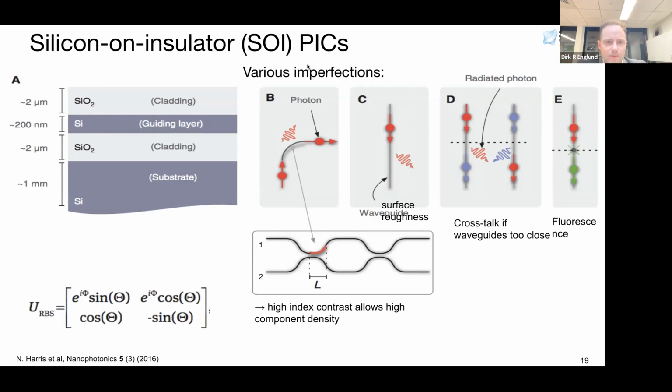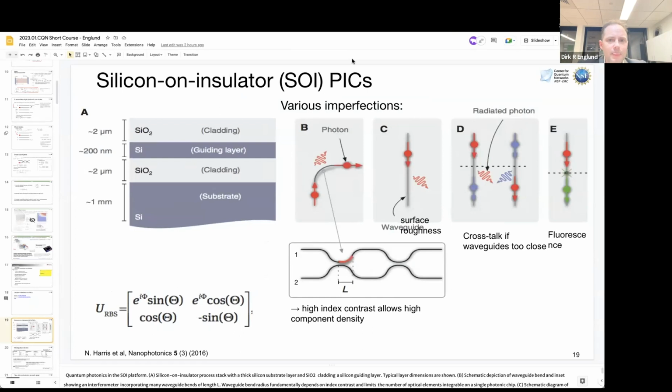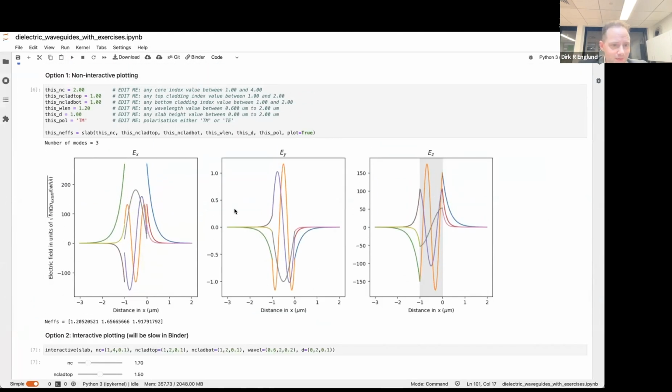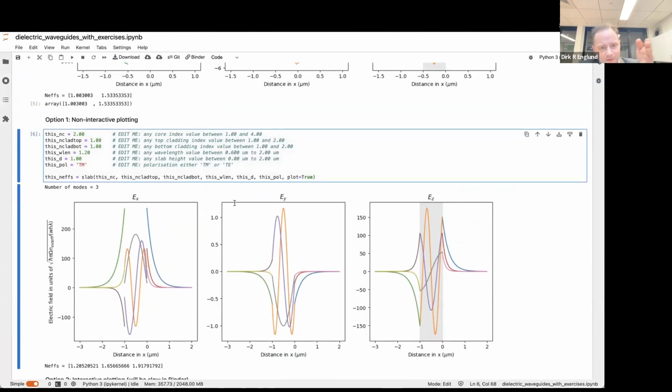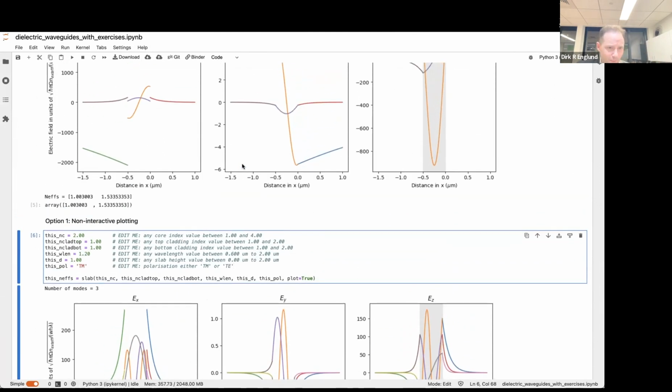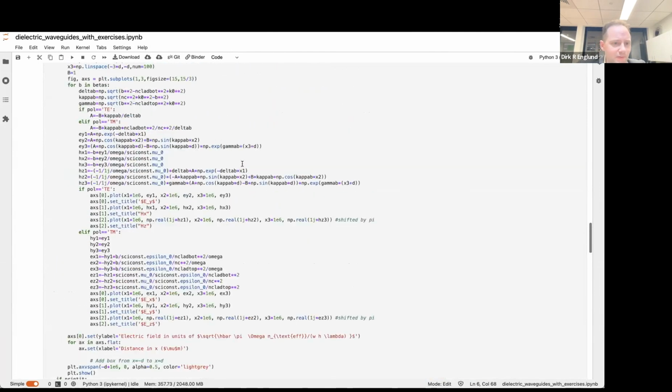Let's just do it. I haven't tested this before, but it better work out. We calculate this stuff using finite difference time domain simulations, but this is a semi-analytical approach that actually works well and is instantaneous. It's actually really nice, I think.